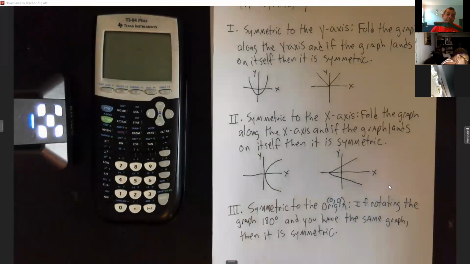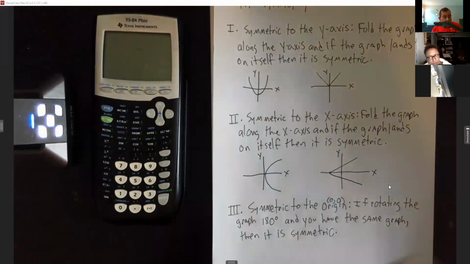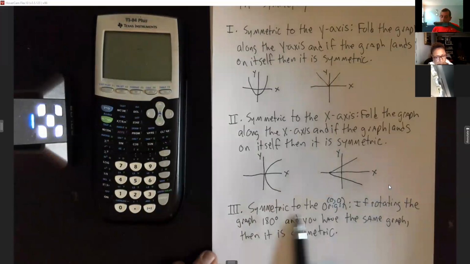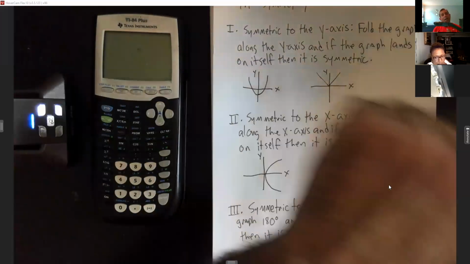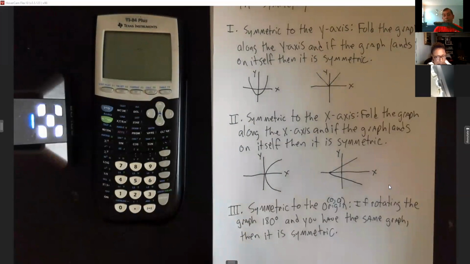Okay, so basically when they say rotating something 180 degrees, they just mean turning it upside down, okay? So symmetric to the origin, I'm going to take my page, I'm going to turn it upside down, and if my graph looks the same as when I started, then it's symmetric to the origin.